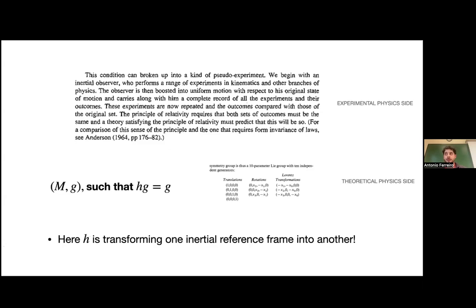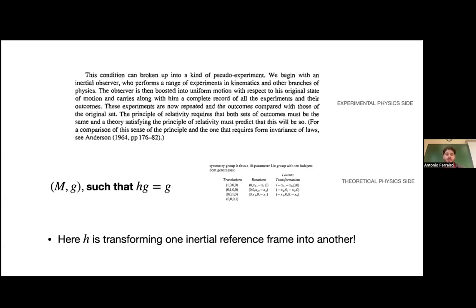Okay, this is experimental. This is the physics we would like to explain. How is it the theoretical way? Well, exactly as explained. We have some geometrical structure, and we force it to be invariant under some given transformation, which will be the one that connects our different frames. In the case of Minkowski spacetime, these are exactly the Lorentz transformations.